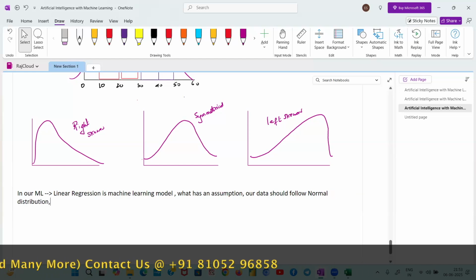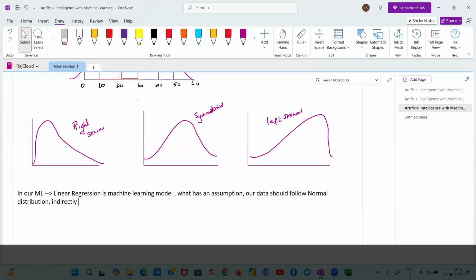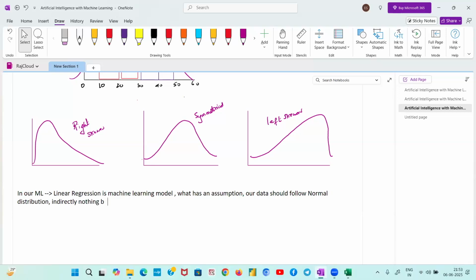If you ask me again, what is normal distribution? Indirectly, it is nothing but symmetrical shape. If a data is following symmetrical shape, we can understand that it is following normal distribution, which is the second one, this one.